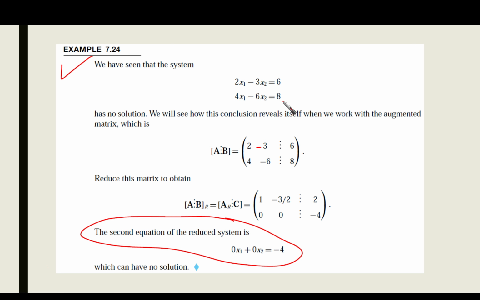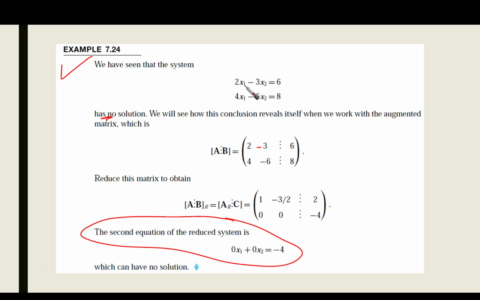We will see how this conclusion reveals itself when we work with the augmented matrix, that it has no solution here. Now let's deal with it as usual based on our steps.